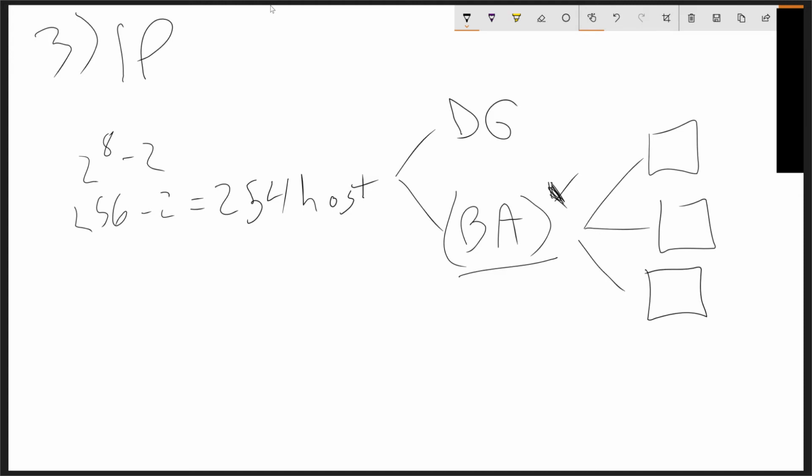So that broadcast address is the address they respond to. Now the default gateway is the address a device goes to if it wants to get out of the network. This address is going to allow you to go to another LAN. So let's look at what that would look like real quick.